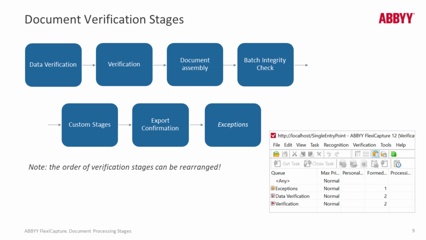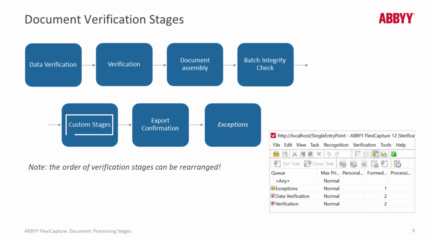There's a variety of possible verification stages. Some you may choose to use and some you may not. It's very common to turn on data verification and then the verification station. That's a bifurcated verification approach. There's also a place where you can check on document assembly to make sure that everything looks good. Batch integrity check to make sure all the images that you think should be there are there.